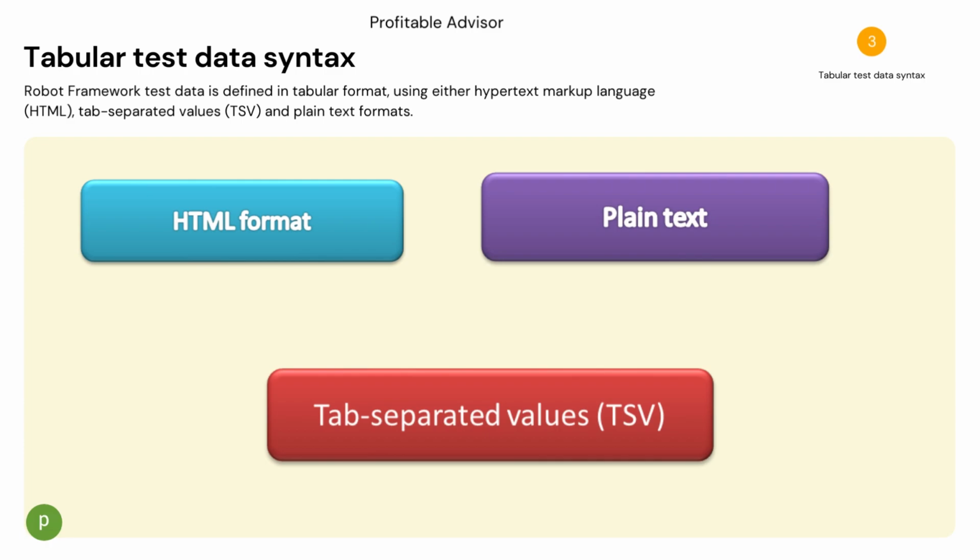But we will see in the upcoming slides what exactly the HTML format is and why it is deprecated. And also we will see what TSV is along with the plain text format.